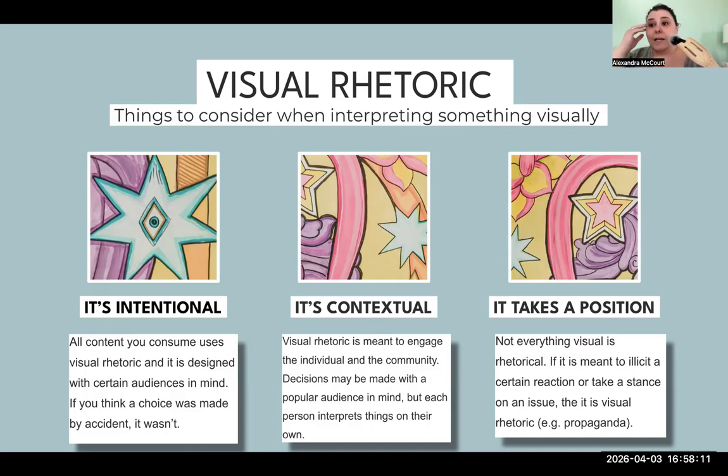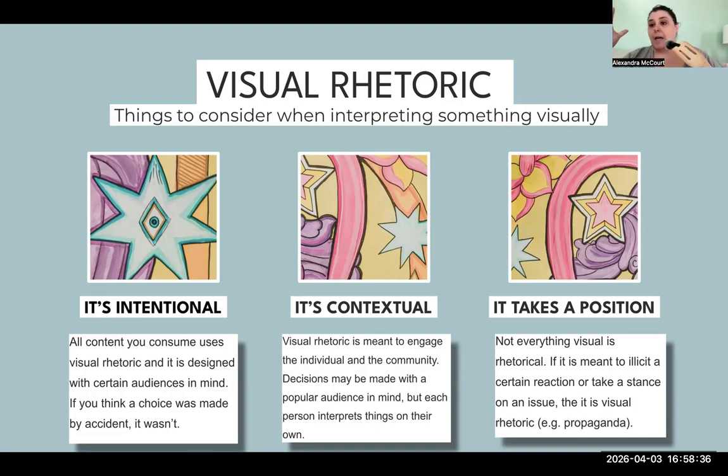And then finally, it takes a position. It's not just an image for the sake of being an image. If it's meant to make us think, act, or feel a certain way, then it's taking a position on something and it is demanding that the audience also take a position, either the same position or the opposite position.